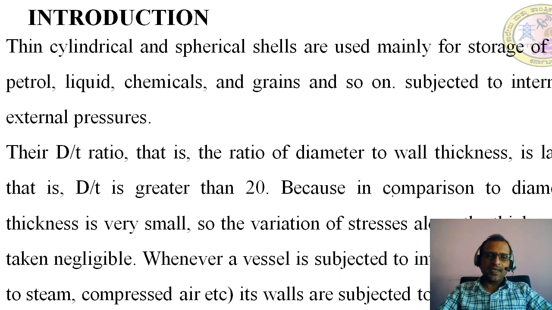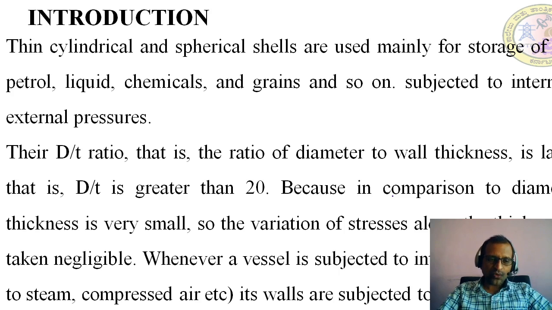Now the d by t ratio: d means diameter of the cylinder, t means thickness of the cylinder. When the ratio of diameter to wall thickness is large, such a shell we call a thin cylindrical shell, that is, d by t is greater than 20.